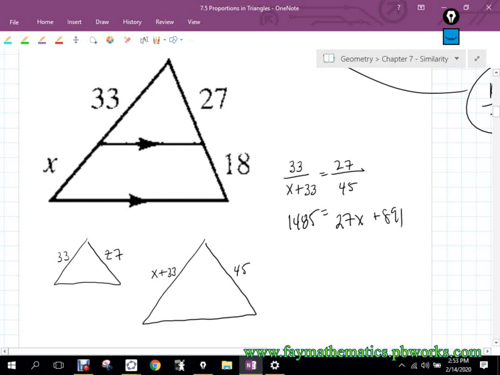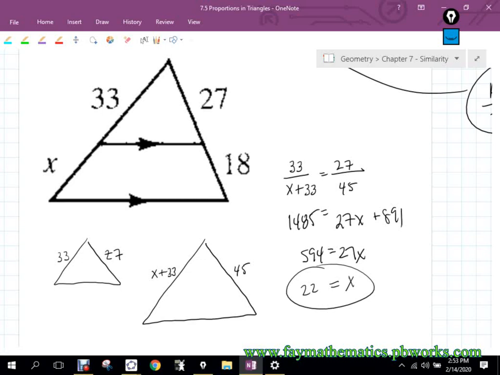I should be able to do 1485 minus 891. 594 is equal to 27x. So divide both sides by 27 then, and x is 22, correct? And that's something you guys already know how to do. You did that in 7.2.